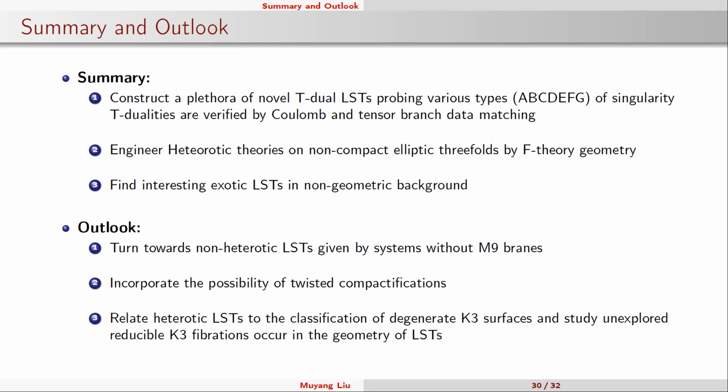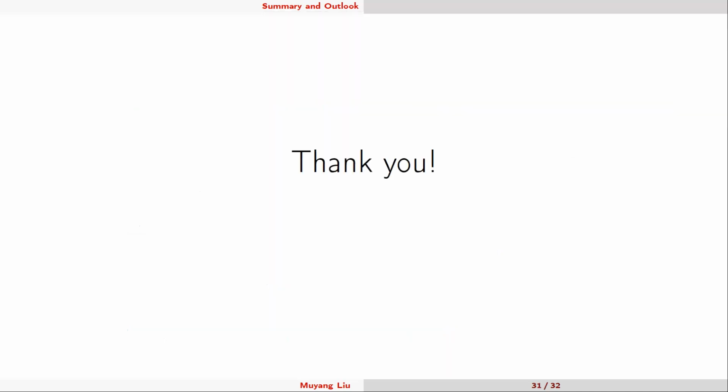And given the knowledge of the K3 geometries, we hope to relate more heterotic string theories to the classification of degenerate K3 surfaces. We also hope to study more Kulikov-like models that refer to the reducible components in the K3 degenerations that occur in most of the string theories that we studied so far. So I think that's all. Thank you.